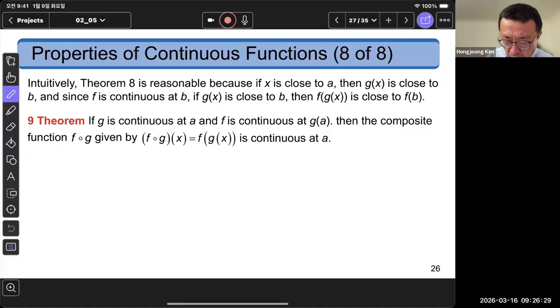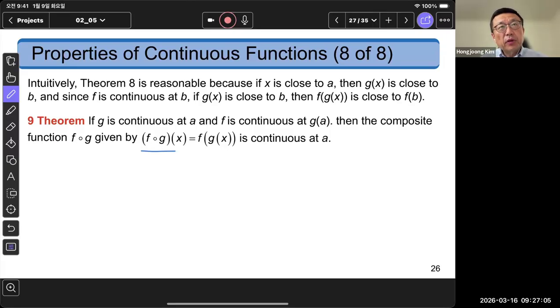So this Theorem 8 is reasonable because if x is close to a, then g(x) will be very close to b. And since f is continuous at b, if g(x) is close to b, then f of g(x) will be close to f of b, right? So in other words, if g is continuous at a and f is continuous at g(a), then this composite will be continuous at a.